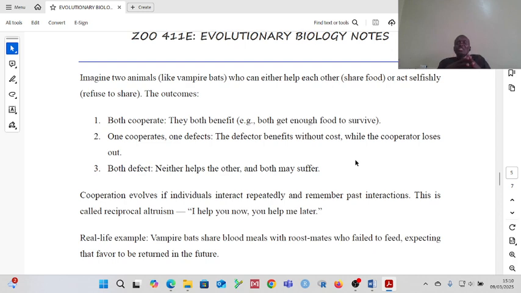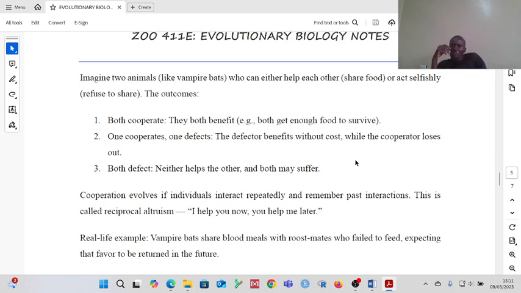So had they cooperated, that was an element of trust. But by defecting, it has betrayed this partner that they will have cooperated with. Okay, so one cooperates, one defects. The defector will benefit without cost, while the cooperator is losing out.